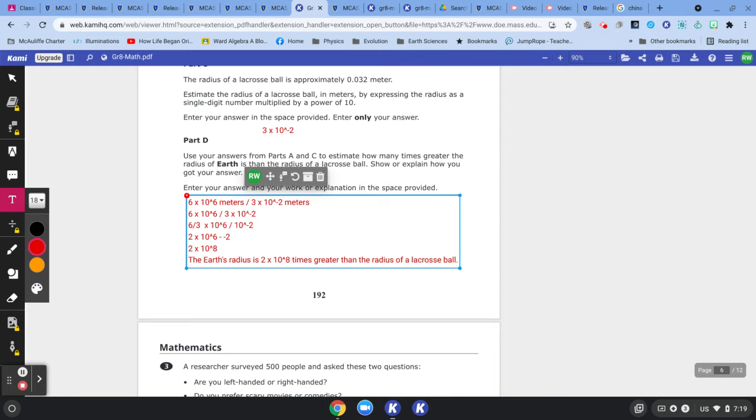If you are raising a power to a power, so 10 to the 3rd power raised to the 5th power, that's 5 sets of 3 factors of 10, which means we would do 5 times 3 factors of 10. So you multiply the powers. So raising a power to a power, you multiply the powers. Multiplying two of the same base that are to some powers, you add the powers. Dividing, you subtract the powers like we did in this one.